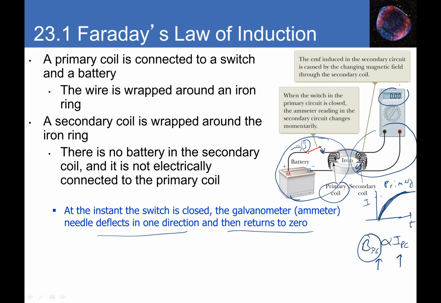And then current is induced, because for that fraction of a second, or maybe a second or so, the magnetic field through the secondary coil is changing, and there is an induced current. But as the primary coil current goes to its maximum, it stops changing, then the magnetic field stops changing and becomes constant and uniform.